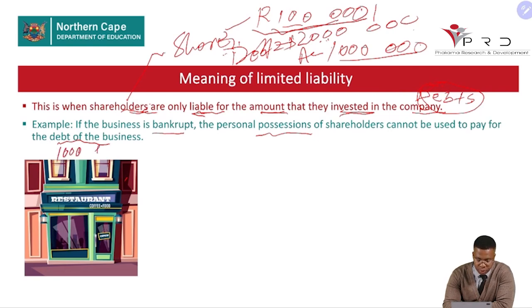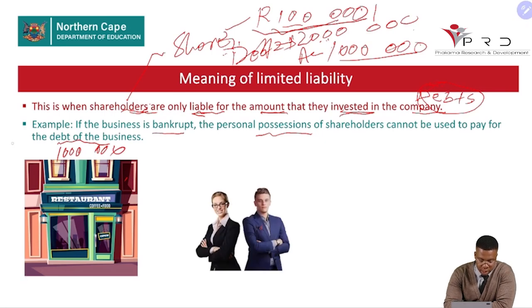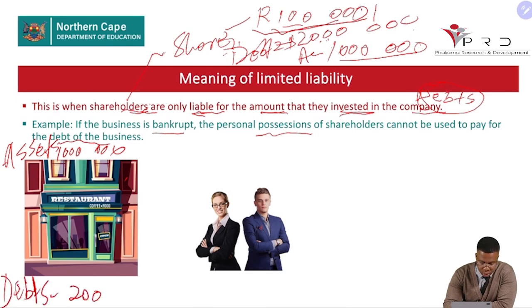So what we are saying is that if the company has assets that are worth 1 million, using the picture, and those are the assets, and the debts of the business, let's say, are 2 million. And then the shareholders, let's say, have invested 100,000.